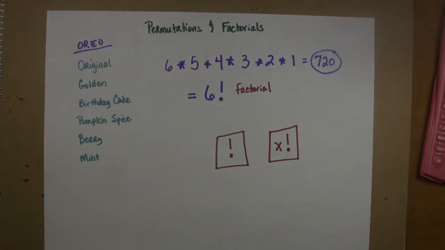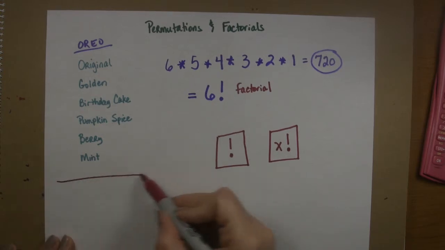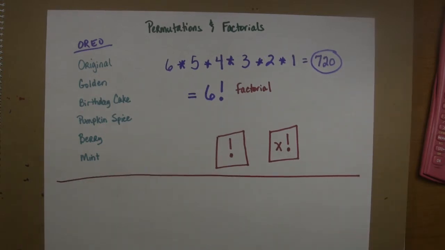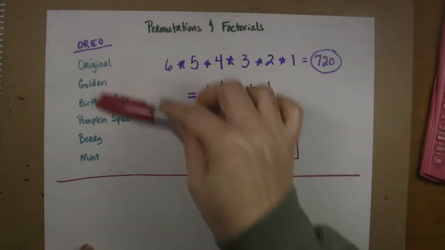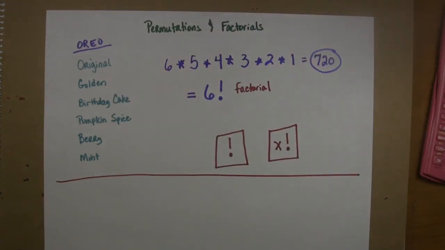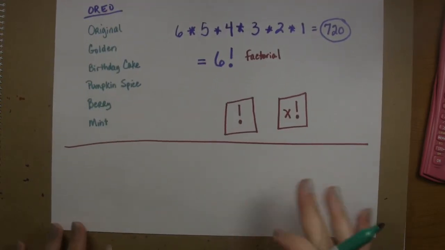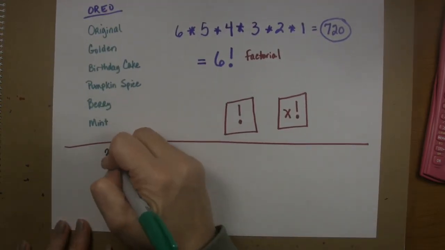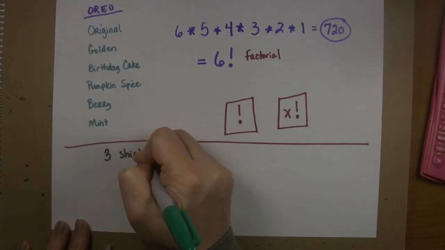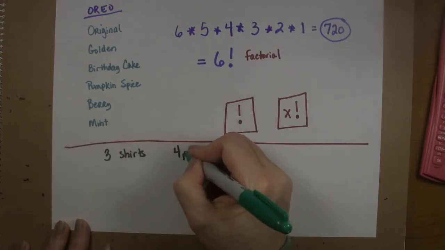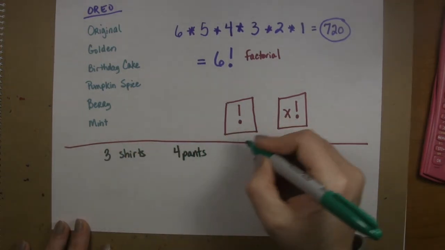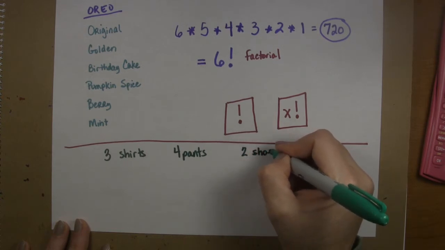Okay, now, just so you don't get confused, there is one more thing that I'm going to tell you. Factorial problems are different than these types of problems. Sometimes you have problems that say you have 3 shirts, 4 pairs of pants, and 2 pairs of shoes.